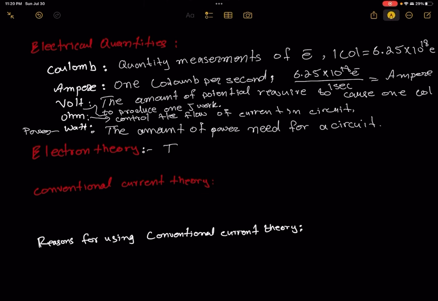The current, we said amp, the current unit is amperage, flows from the most negative to the most positive terminal.